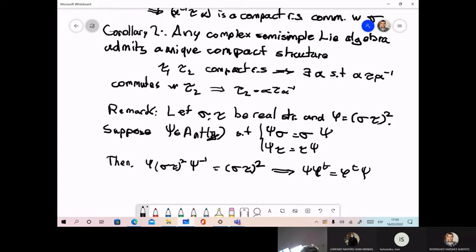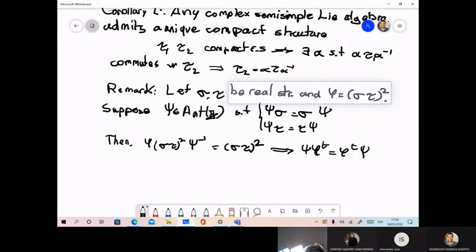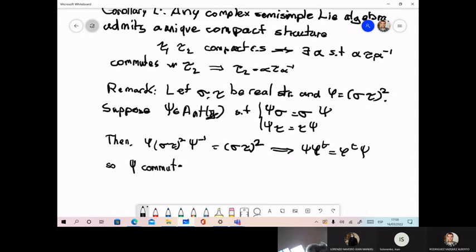So it commutes with this exponential that we have defined in the proof early on. So psi commutes with alpha in the previous proposition.